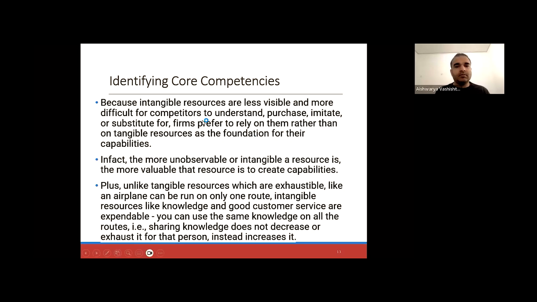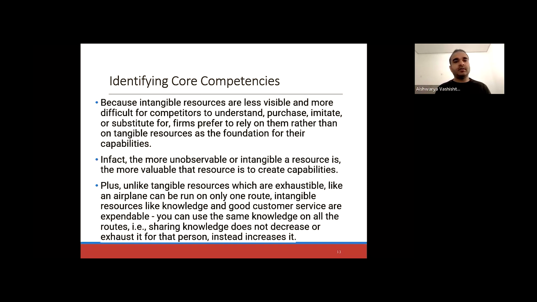Like for example, aircraft is a tangible asset. One aircraft you can use on only one route by the airline, right? But the customer service, or the way employees conduct themselves, if they learn that, if they adopt that decorum, then it can be used on any route. That decorum or that culture can be used on any route. It does not perish.